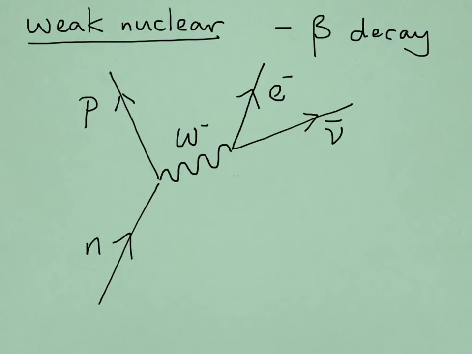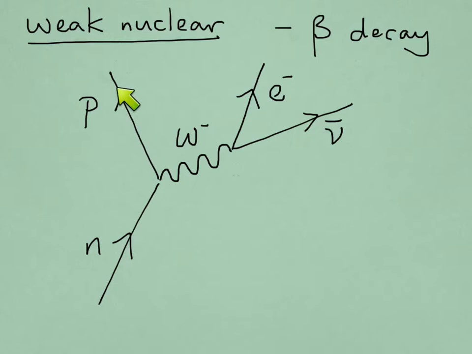Now, in Feynman diagrams, lepton number and baryon number are conserved at every junction. So we started off with a baryon, which is a neutron. So one baryon went in to this junction here. One baryon must come out.